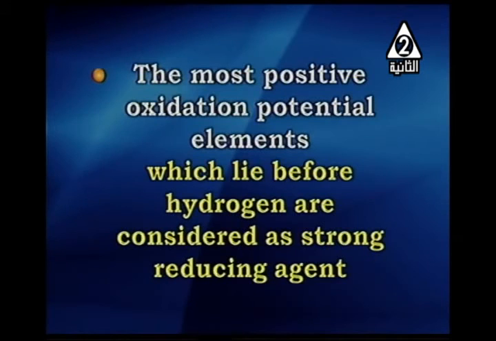After that, the elements with the most positive oxidation potential which lie before hydrogen are considered strong reducing agents. Don't be confused. Again, if I have a positive 3 volt or 1 volt oxidation potential, the elements which lie before hydrogen are considered strong reducing agents.